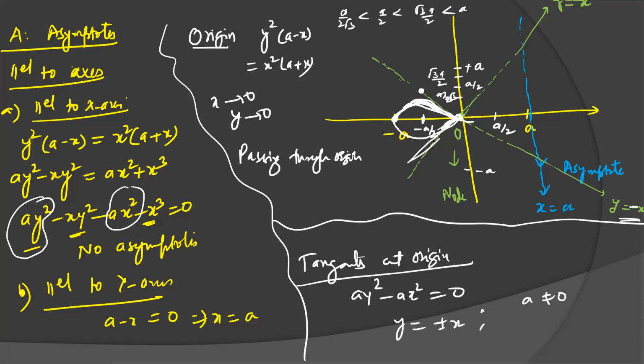So this is the tangent actually. And now at a by 2, if you put on the line, you will get a by 2 only. But on the curve, you are getting root 3 a by 2. So it will go above the straight line, above this line. It is symmetric also, but it will not touch because this is an asymptote. So above the line here, above the line here.